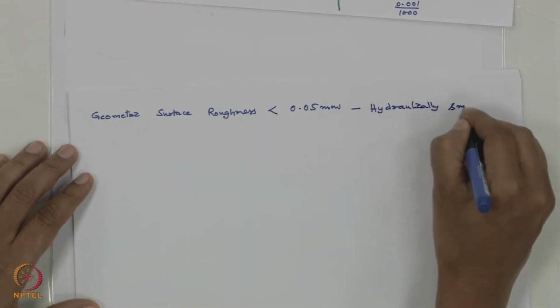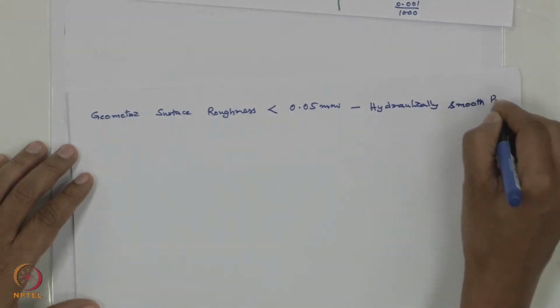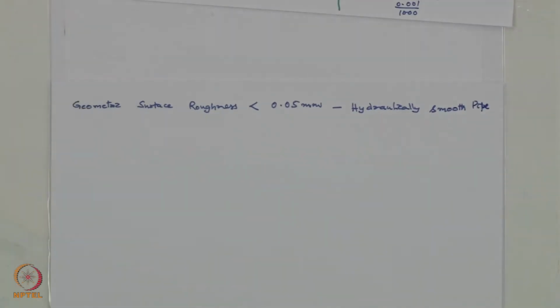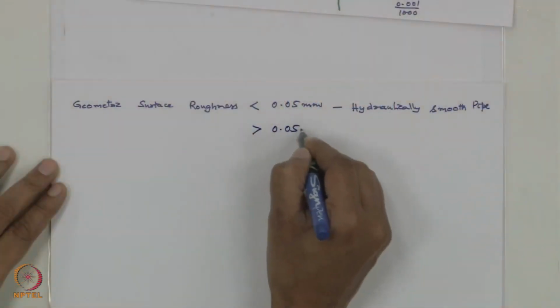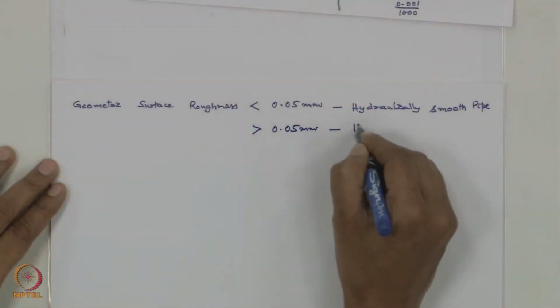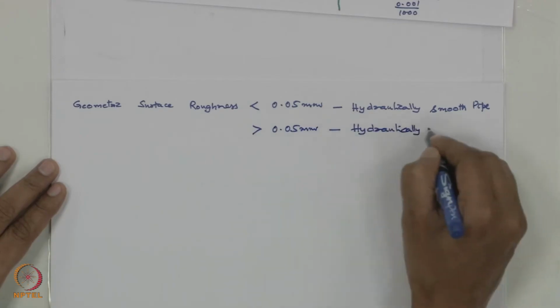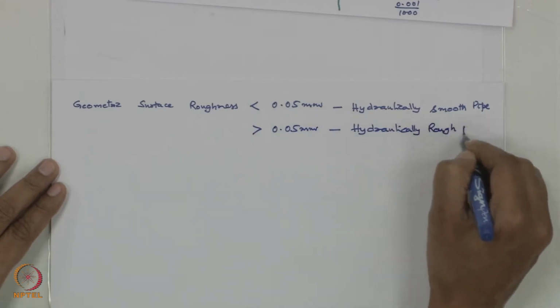That means the fluid doesn't feel that it is rough, it feels that it is smooth. But if the geometric surface roughness is greater than 0.05 mm, it is called a hydraulically rough pipe.